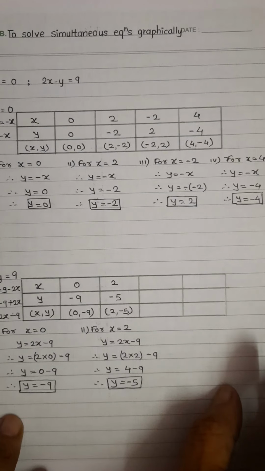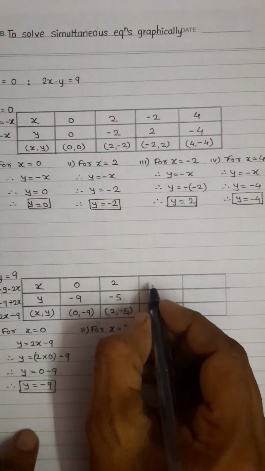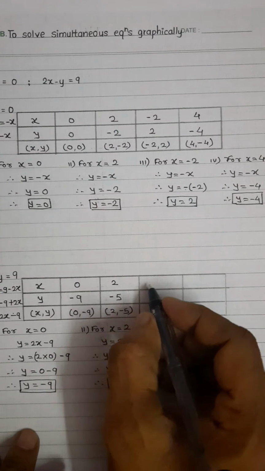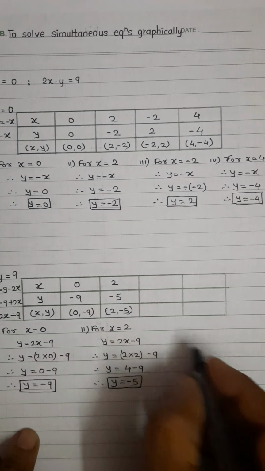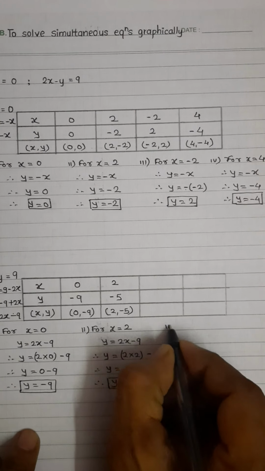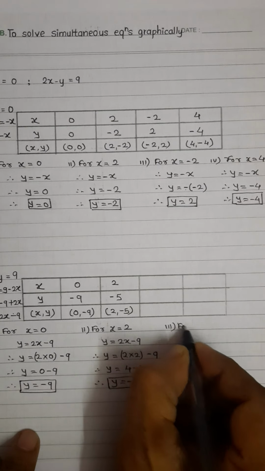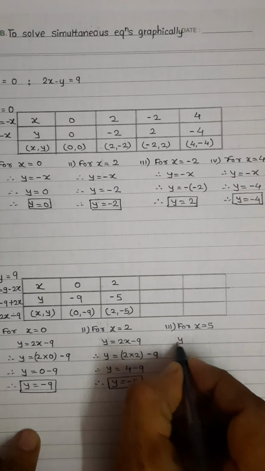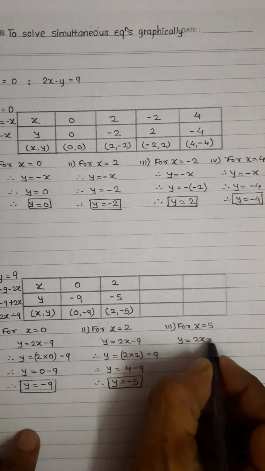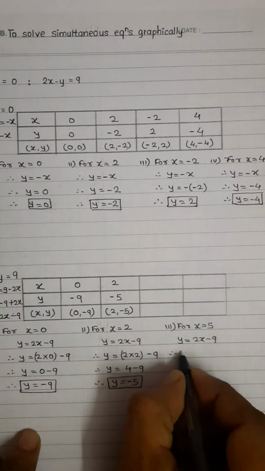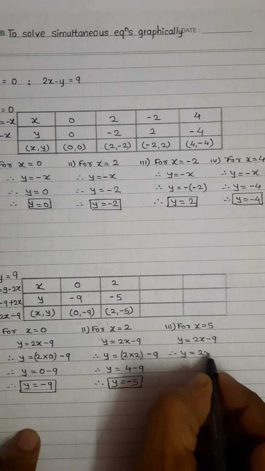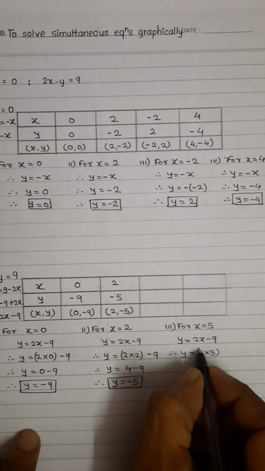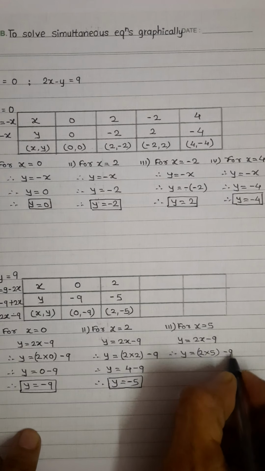Now let's see the third one. We can take the value of x is equal to 5. Here for x is equal to 5, we write the equation y is equal to 2x minus 9. Therefore y is equal to 2 into (5) minus 9.